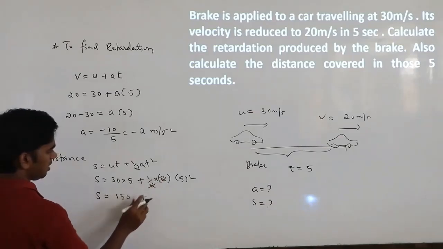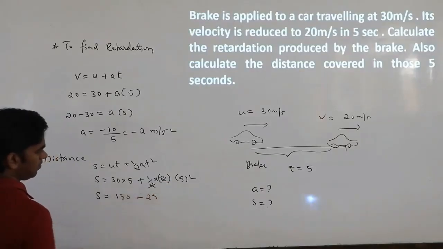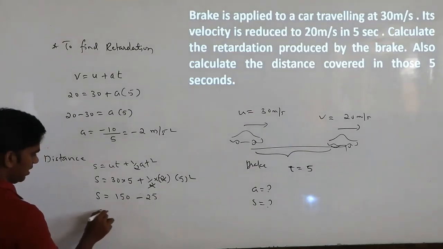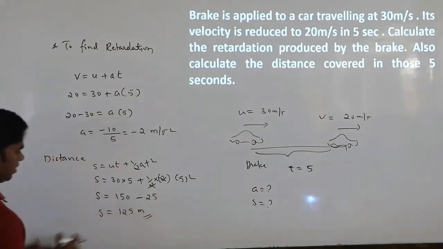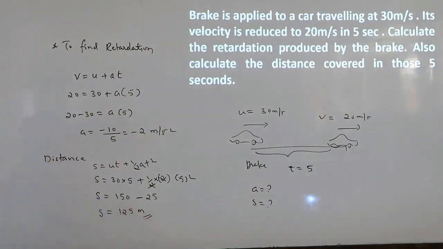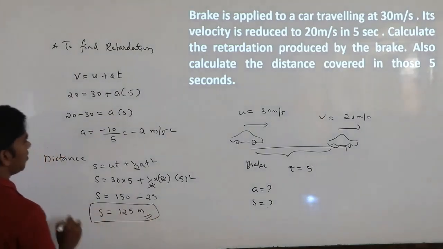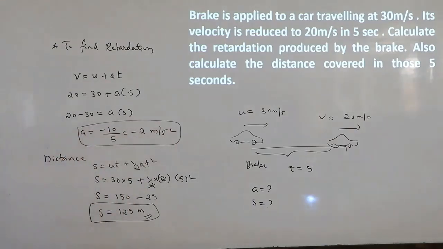Plus, the 2 will get cancelled, so negative remains, and 5 squared is 25. So S equals 150 minus 25, which is 125 meters. This is the distance covered, 125 meters. Acceleration is minus 2, which means retardation is 2 meter per second square.